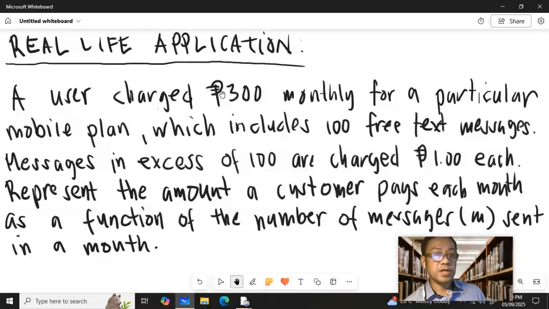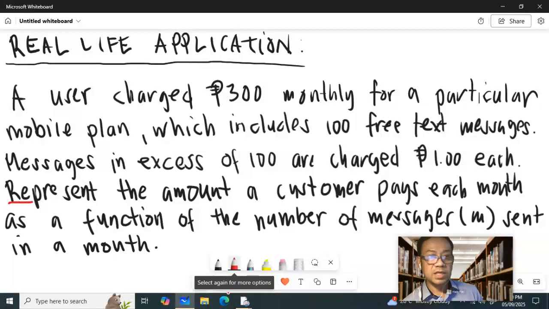A user is charged 300 pesos monthly for a particular mobile plan, which includes 100 free text messages. Messages in excess of 100 are charged 1 peso each. Represent the amount a customer pays a month as a function of the number of messages, which is m, sent in a month. Okay, in this problem, we are tasked to create a piecewise function.